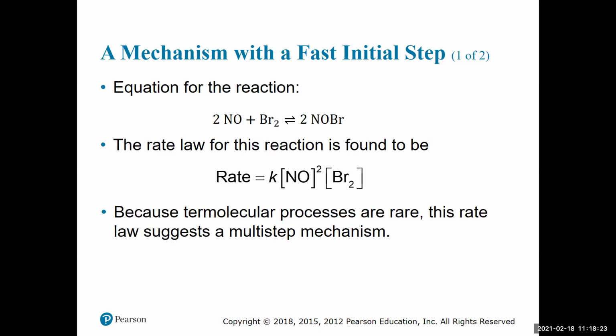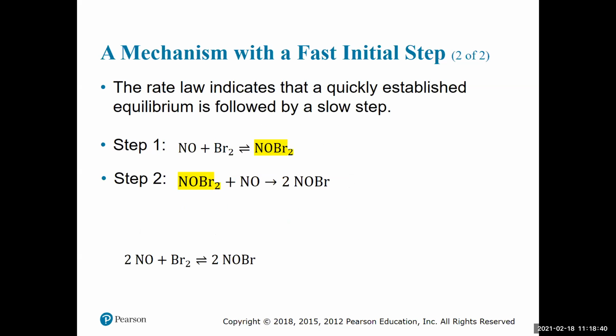So if you happen to have a termolecular thing, you want to check out the other options before you go down that path. So even though the rate law suggests that, we're not going to be fooled by that, because we know that that's the sum of all the steps. We were told that first step was fast, and so that means the second step is slower.